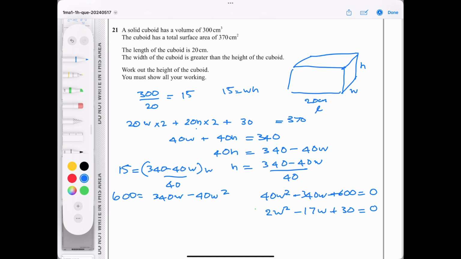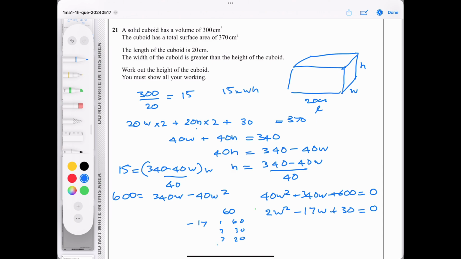So what would give us this? I might just use the calculator at this point. Oh no, this is a non-calculator paper, so I'm really not allowed to. So this would equal, that's 60, and to make minus 17, that would be 1 and 60, 2 and 30, 3 and 20, which is the answer.